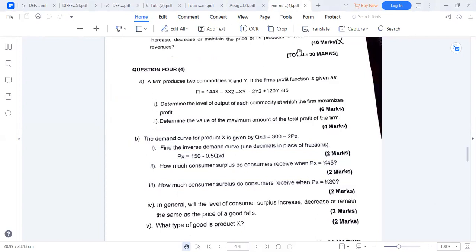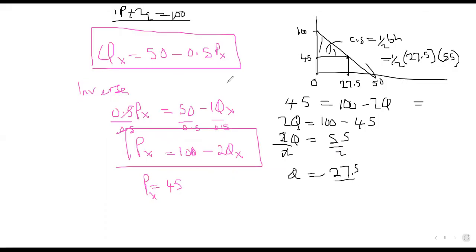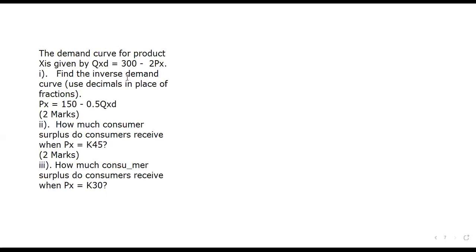All right. So this is how the question came. So the demand curve was given by find the inverse demand, use decimal. So you made a mistake, he put the answer for you. For those who did not know, they were now finding what was not even there.